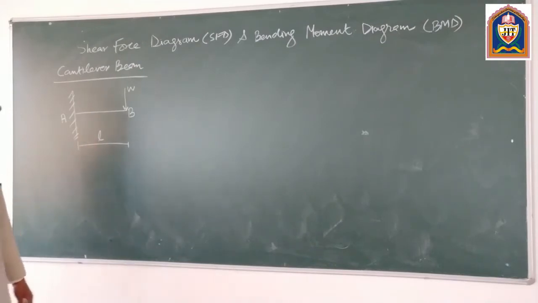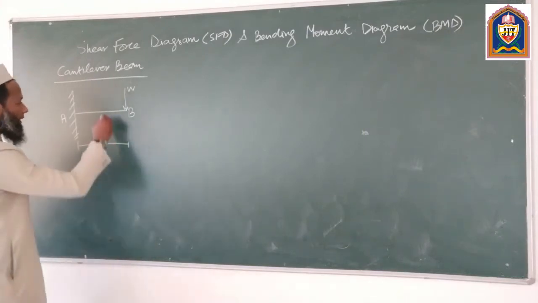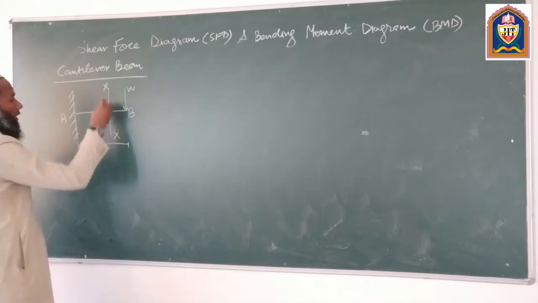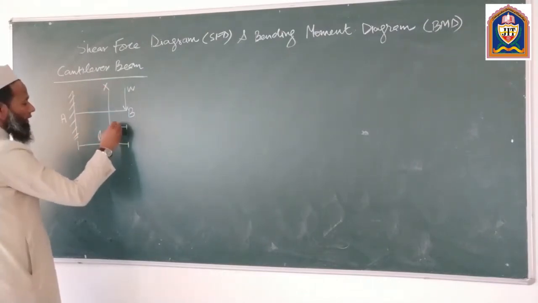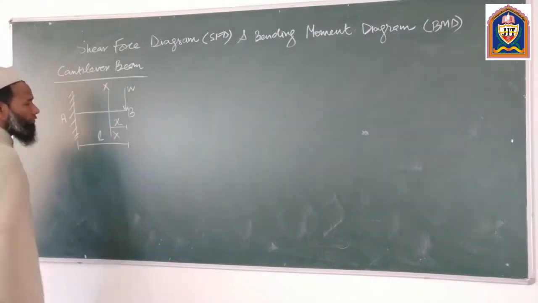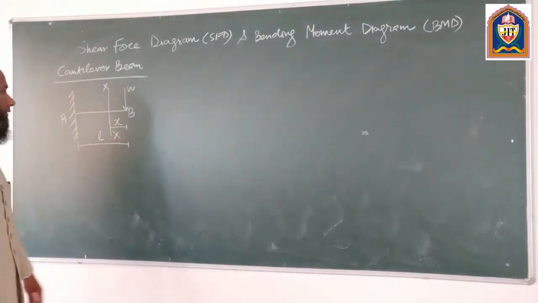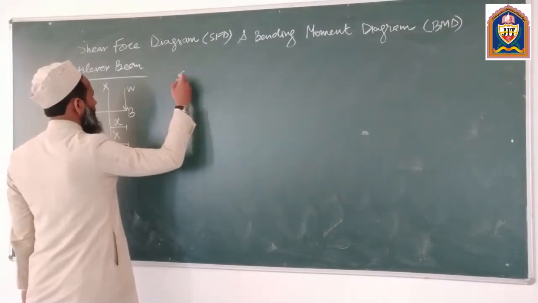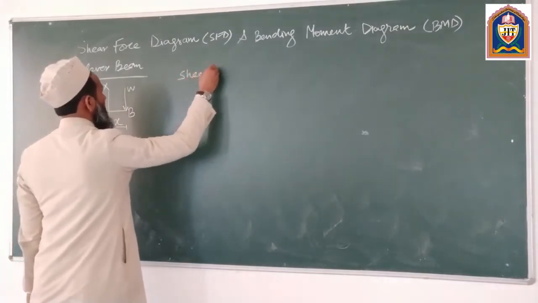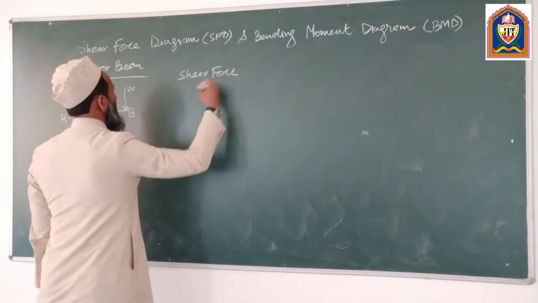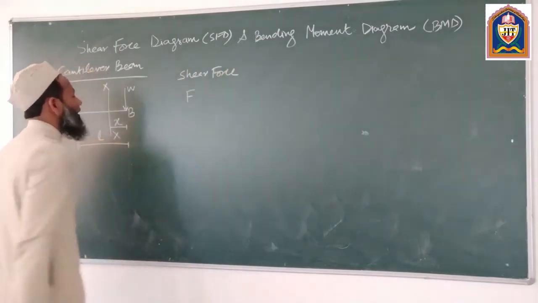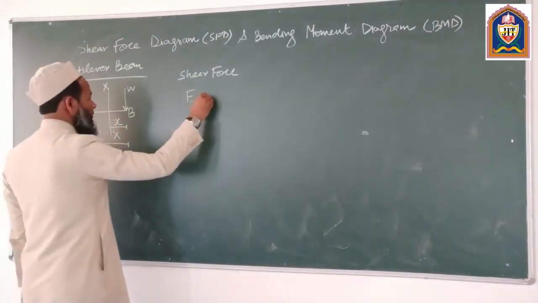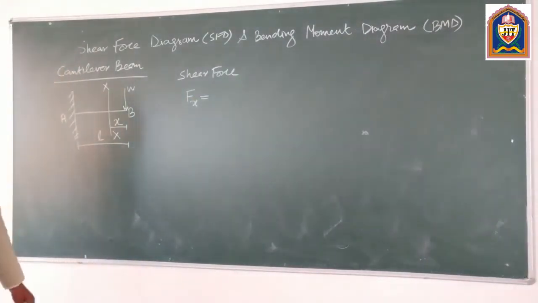So we will be finding out its shear force diagram, and we will be drawing its bending moment diagram as well. So first of all, we will take up a section XX, which is, say, at a distance small x from the end B, and we will find out the shear force first of all. Let us say the shear force at the section XX is Fx, and we will be writing down the general equation.